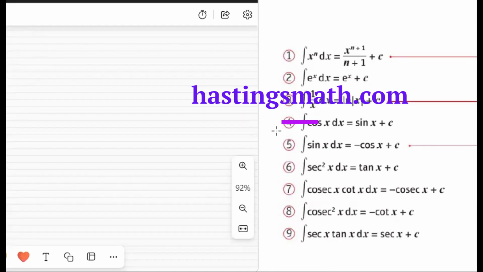Just to quickly show this in the video, this comes out of the P3 textbook. Here was the sec x tan x, and I think we've used this one as well so far. So this is the list. I suggest that you commit this to memory. It will really help you going forward with your exam.